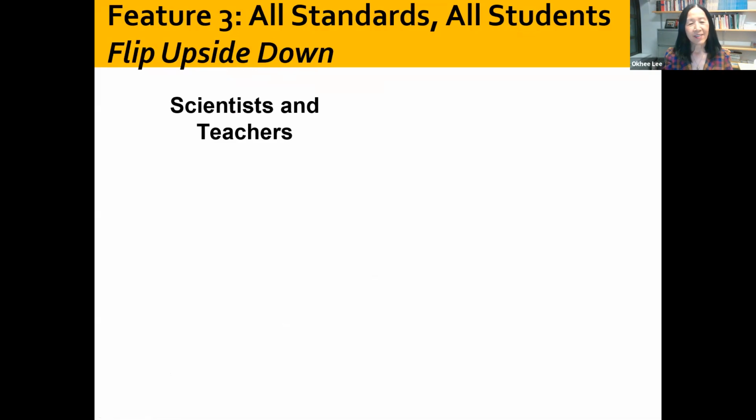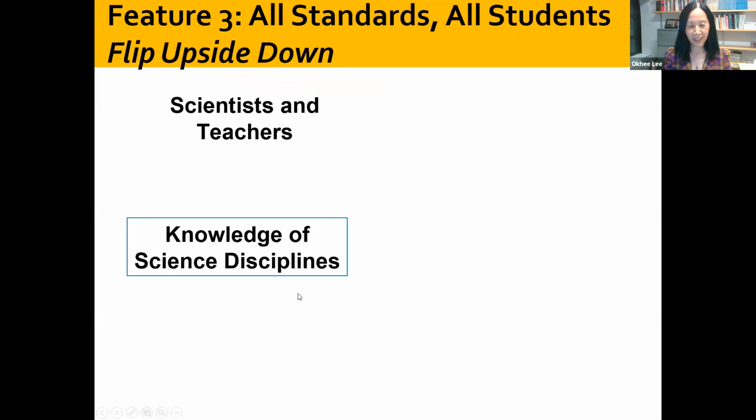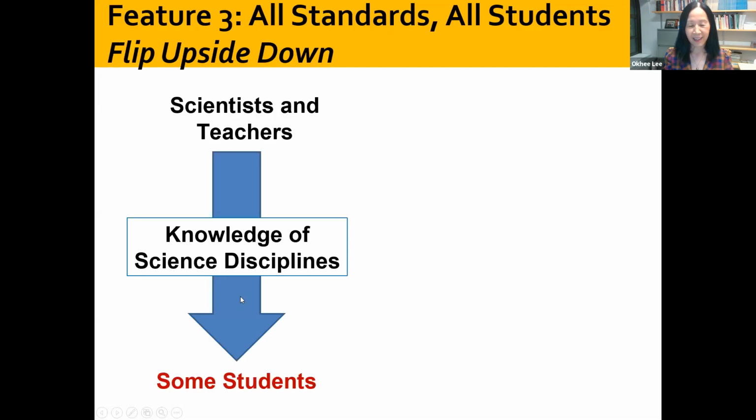Traditionally, scientists and science teachers define what the science content is, and say, here is the knowledge of my discipline. And that is put in science textbooks because the kids have to know the content. It goes to the kids, and kids, you learn what's in the books.